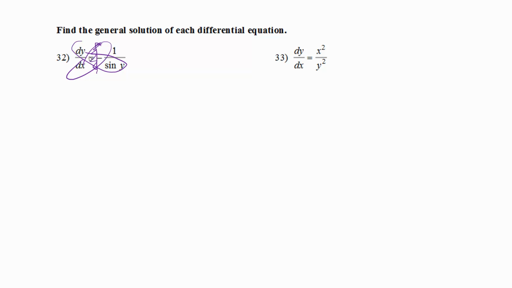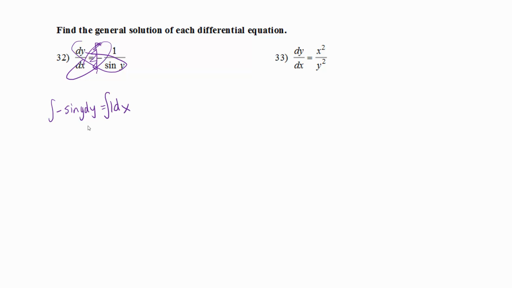And when cross multiplying here, we're going to have to decide where to put that negative. It doesn't matter which side you put it on, to be perfectly honest. Like you can put negative sine y dy equals 1 dx, or you can put the negative over with the 1. Like it really doesn't make a difference. Well, it may make a difference to how you feel about things, but it doesn't actually make a difference.